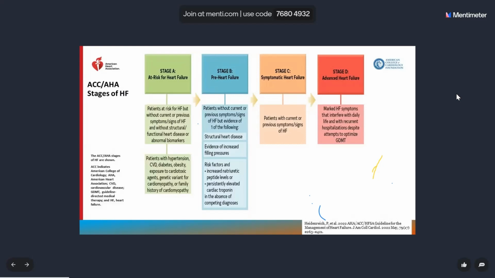In contrast, patients that have stage B heart failure have some anatomical abnormalities, but they're not symptomatic. And then lastly, on the right side there, the patients that are symptomatic but no longer tolerate guideline-directed medical therapies, those are the patients that we put into that stage D category.